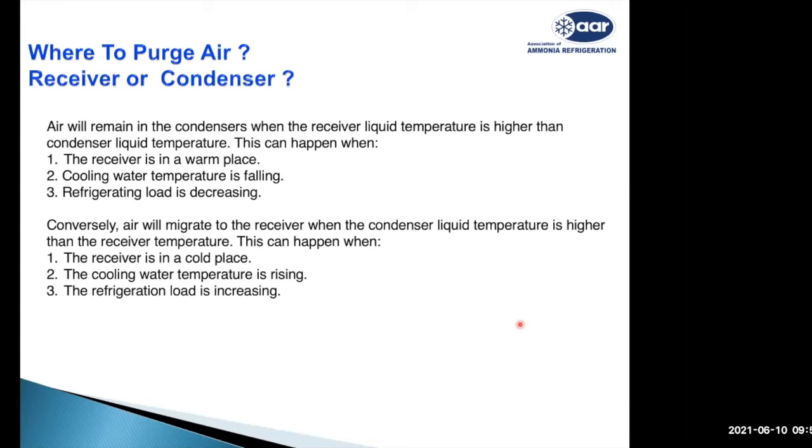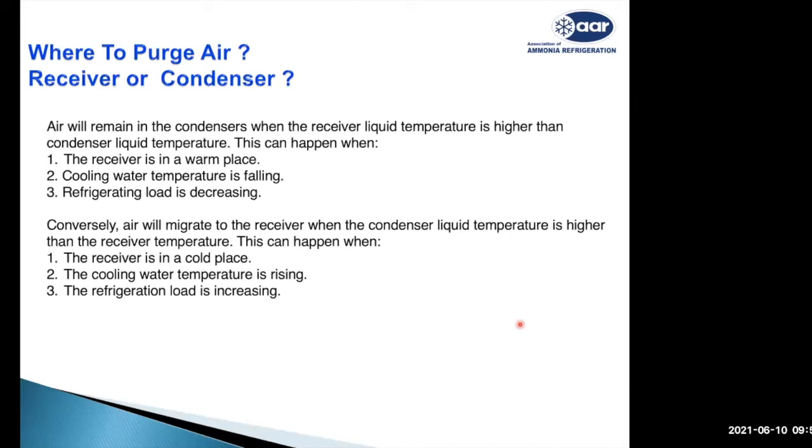Another question normally asked is whether I should remove it from the receiver or the condenser. Now, what happens is that air will remain in the condenser when the receiver liquid temperature is higher than the condenser liquid temperature. It means that if my receiver is at a warmer place, where it is open to the air, somehow my receiver ambient temperature is higher, the receiver may be warmer, or sometimes my cooling water is very low.